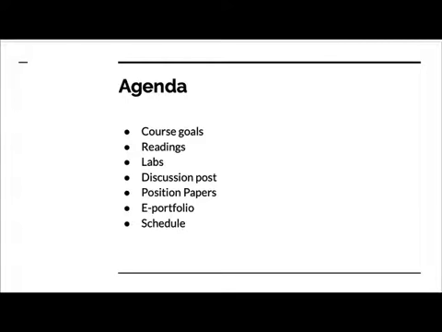First, I want to tell you a little bit about me. I have been teaching college courses since 2003. I received my PhD at the University of Texas at Austin in the School of Information. Prior to that, I was working as an instructional technologist for 10 years at different universities. And from there, I started my first professorship at Rutgers University in the School of Information Science.